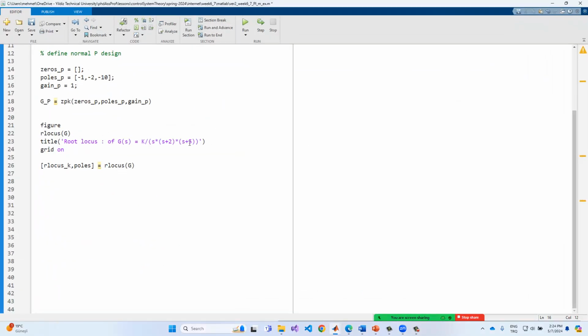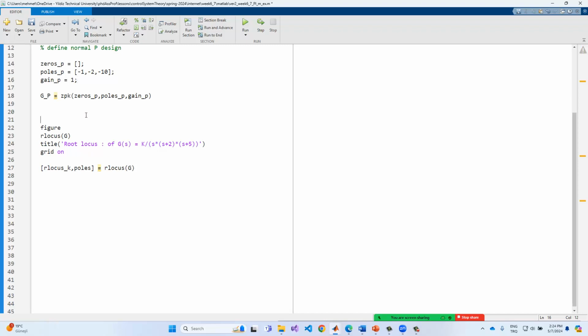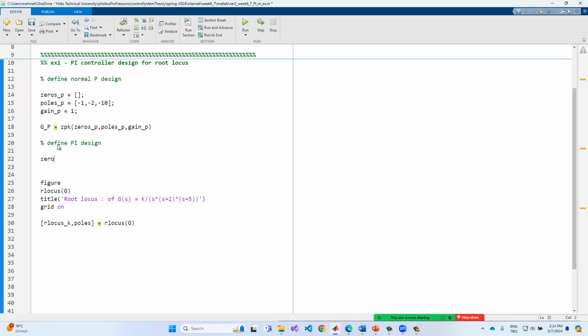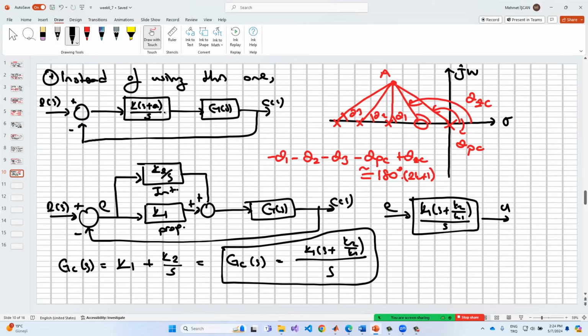So also we can define the PI design in here. For this design, zeros PI is equal to, for example, minus 0.1. This is what? This is A, right? This is A. S plus 0.1.